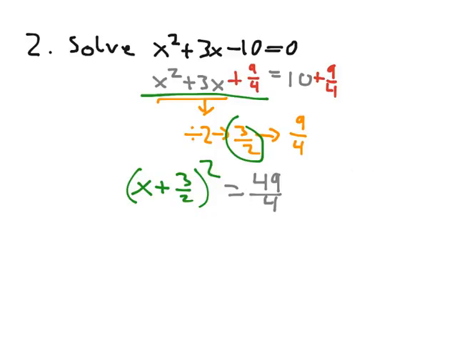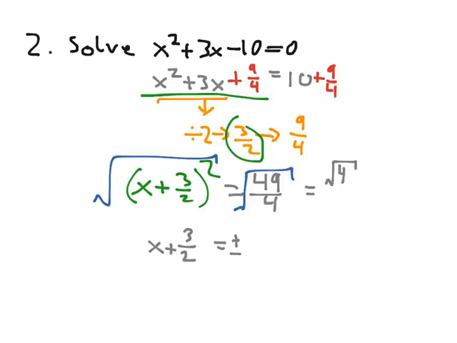So now let's go ahead and take the square root of both sides. On the left-hand side, we have x plus 3 halves. And on the right-hand side, we have plus or minus the square root of 49 fourths, which is the same thing as the square root of 49 over the square root of 4, which is 7 halves.